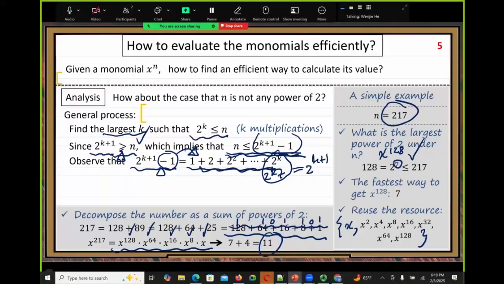That means these objects are sufficient to represent any number n less than or equal to 2 to the k plus 1 minus 1.